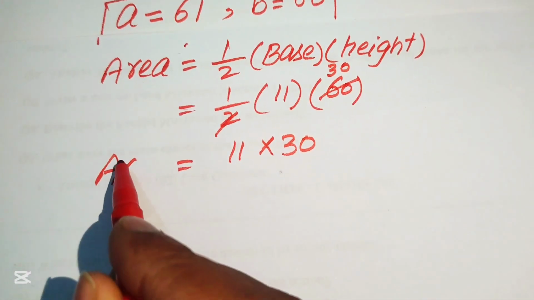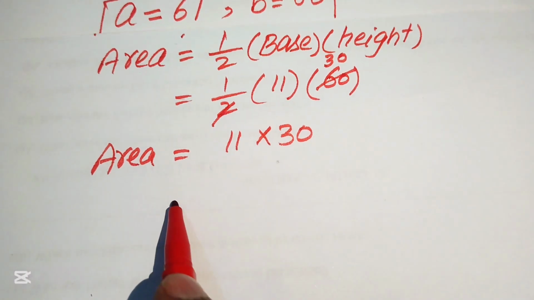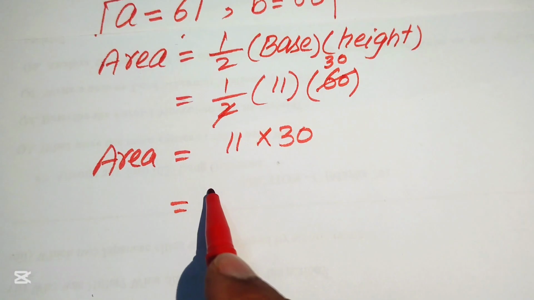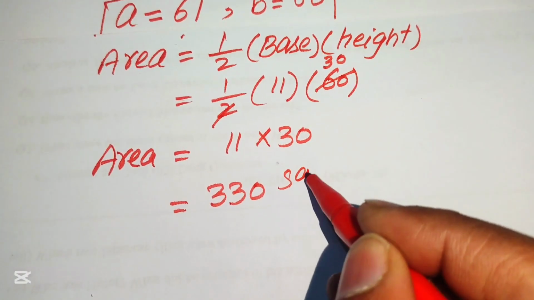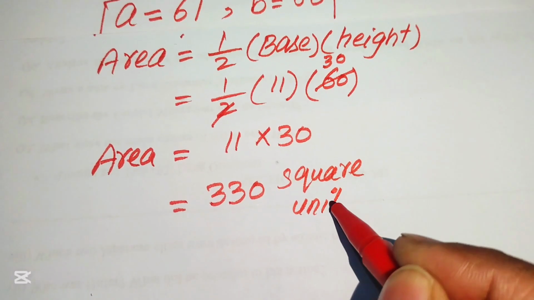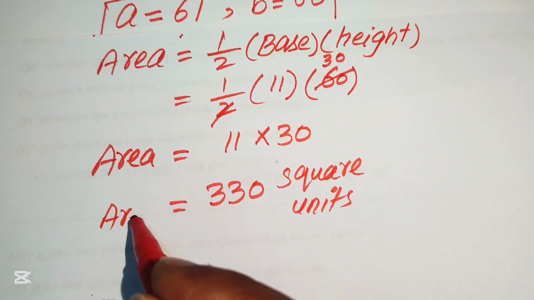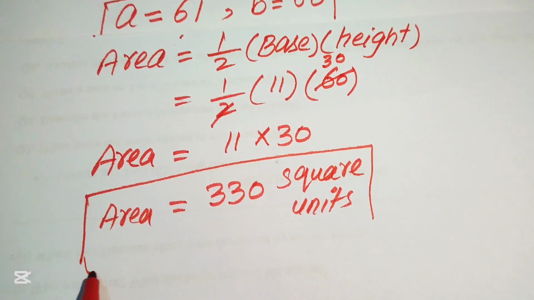You can just multiply 11 by 30 in the traditional manner, and then you easily get the product of these two numbers as 330 square units, because area is always calculated in square units.